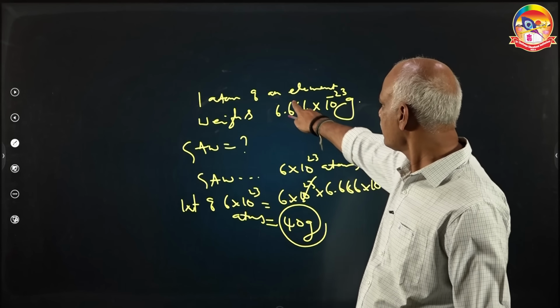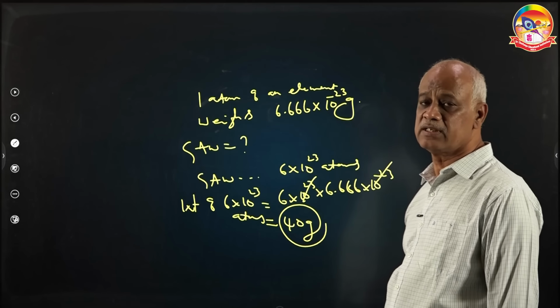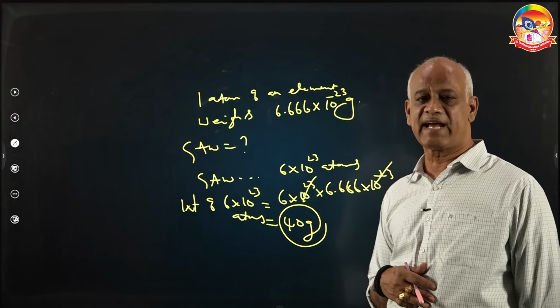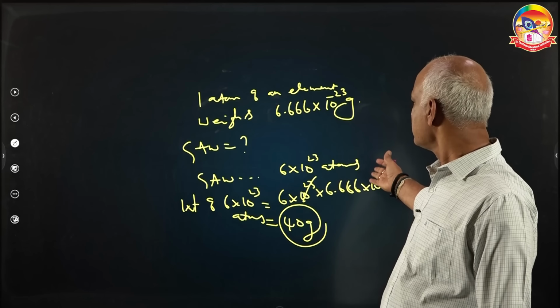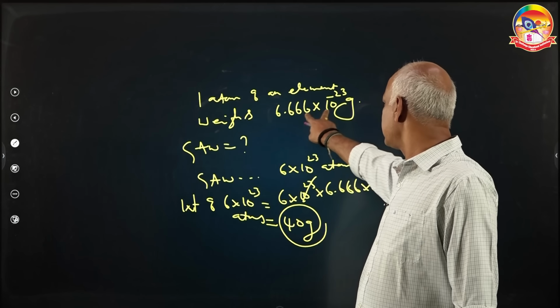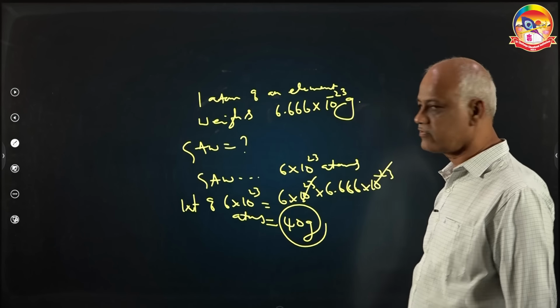Did you understand? One atom of an element is weighing this much. What is its gram atomic weight? Gram atomic weight is nothing but the weight of how many atoms? Avogadro's number of atoms. So gram atomic weight is the weight of Avogadro's number of atoms. I multiplied the atomic weight of one atom with Avogadro's number and I got 40 grams.